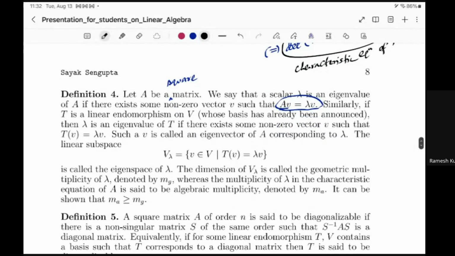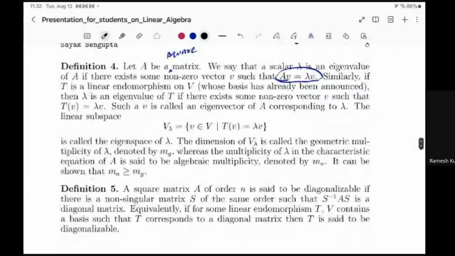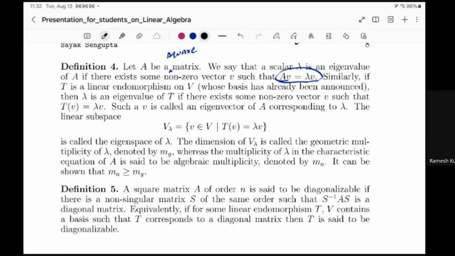Now you can use the same type of idea when you move from a square matrix to an endomorphism from V to V, and then you can define it the same way. I'm going to skip that because I'll be providing you the PDF file. You can take a look at it.